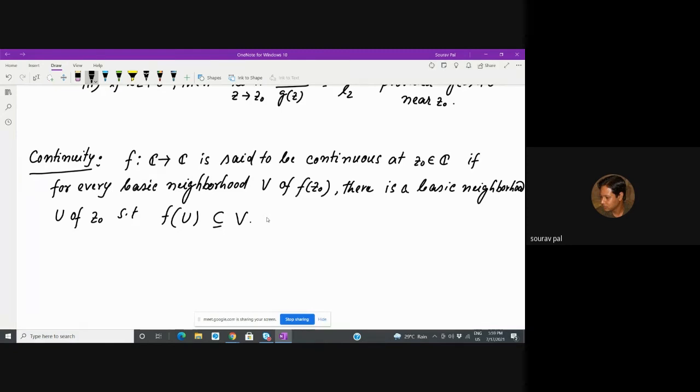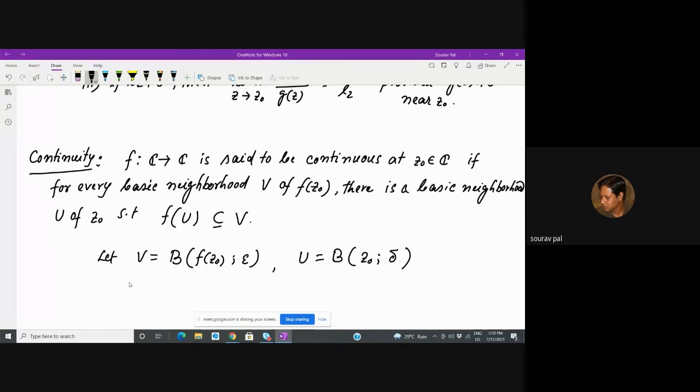So how does a basic neighborhood look in the complex number system with the Euclidean topology? You can choose V to be, say, an epsilon ball, and U to be a ball around z0 with radius delta.